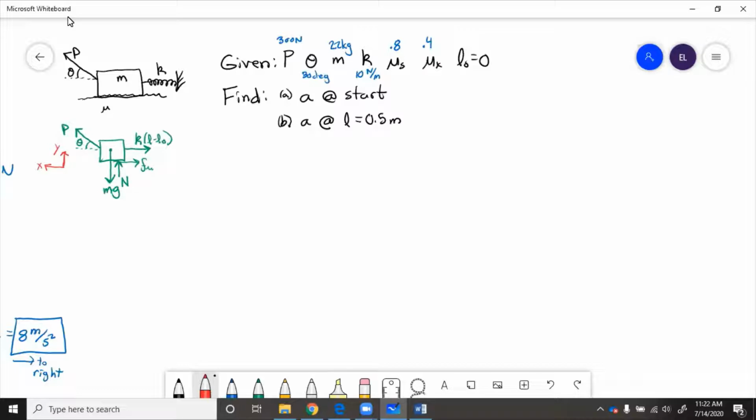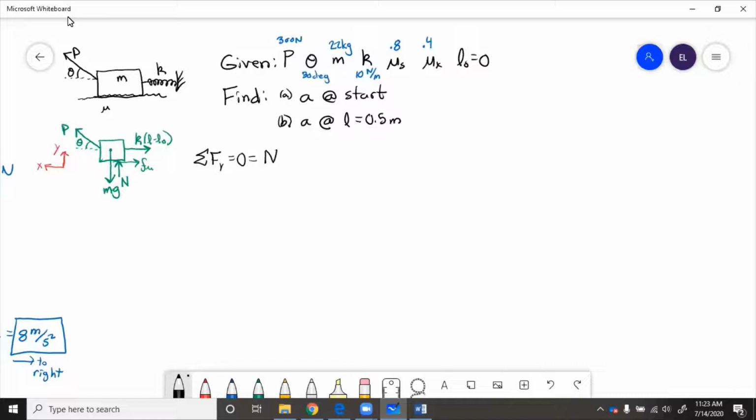And then step three is write the equations. So in the Y direction, sum of the forces in the Y equals 0 because the block is not moving off of the surface. So that equals the normal force, which goes up.